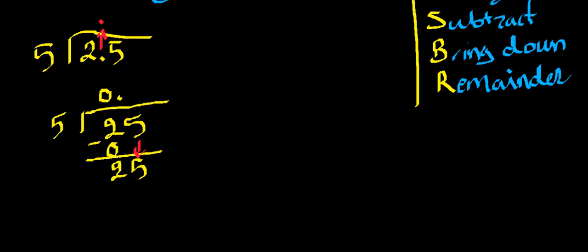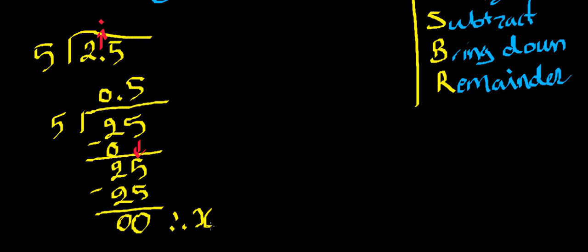And after this, I do the same thing again, where I say how many times does 5 go into 25, and this one would be 5 times. So 5 times 5 is 25. I subtract, the remainder is 0, and there's nothing else to come down. So therefore, my answer is x, where x is our quotient, the result of this division, equals 0.5.